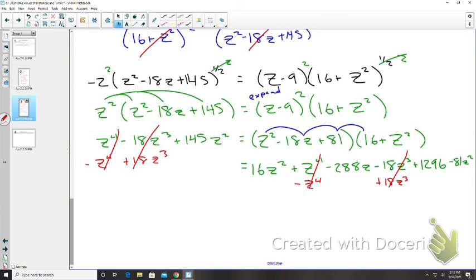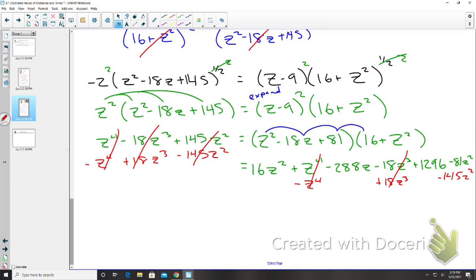I will subtract 145z squared, and subtract 145. Let's go over there. That will cancel. And so let's go ahead and simplify this.